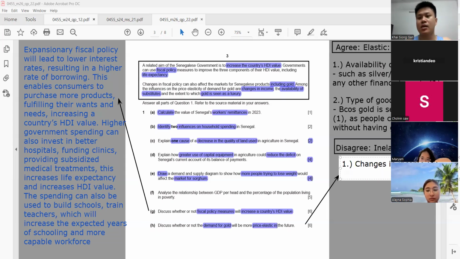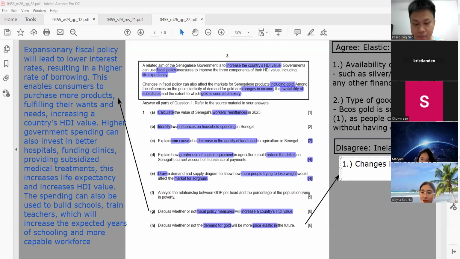How do you say changes in income will make the demand for gold inelastic? Maybe people's income is increasing, so they are not so price sensitive to buy these kinds of items.